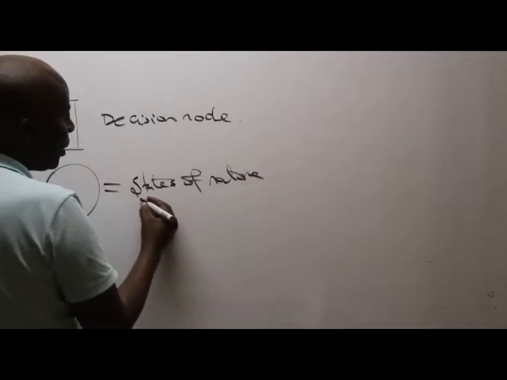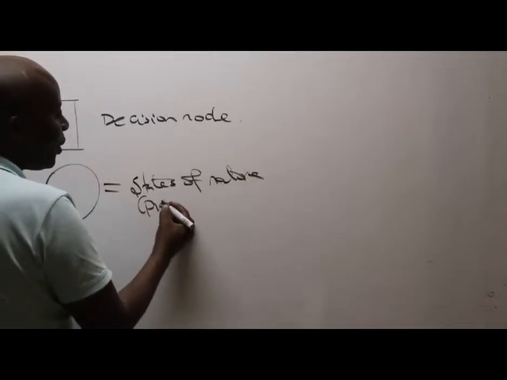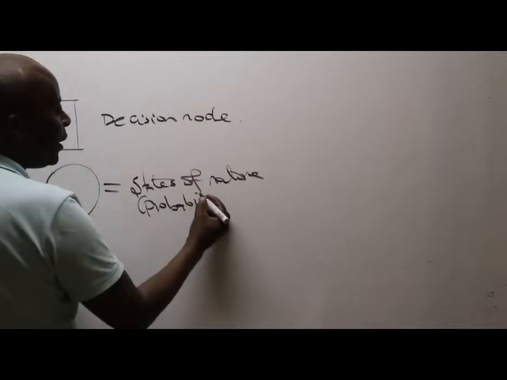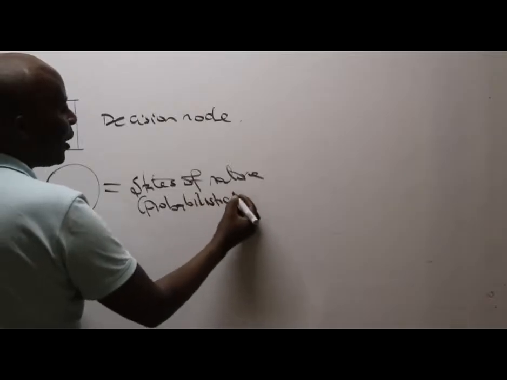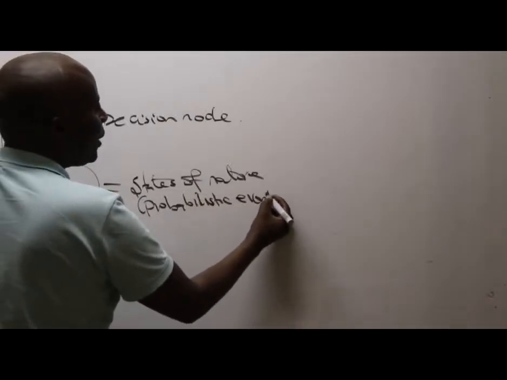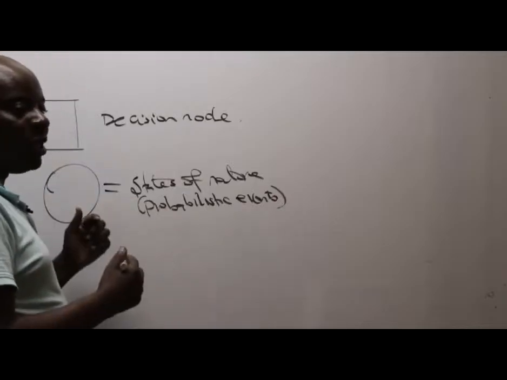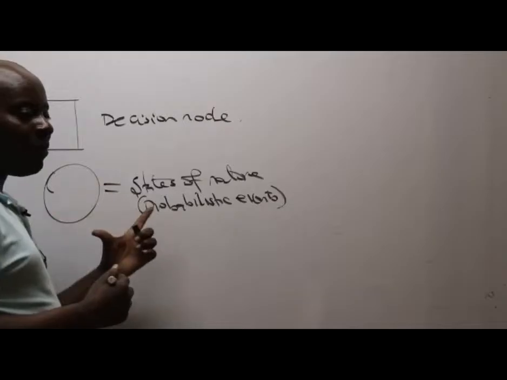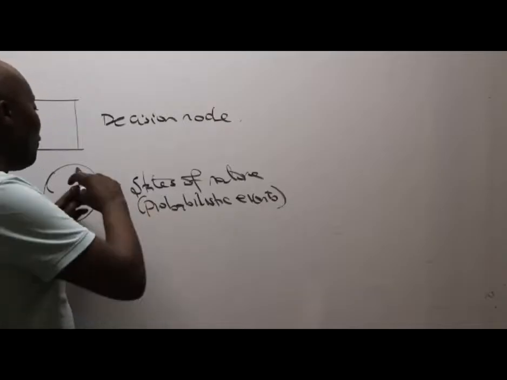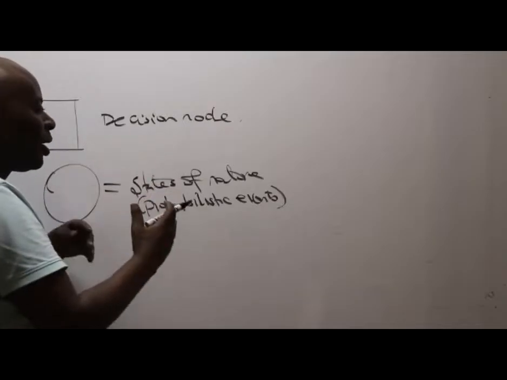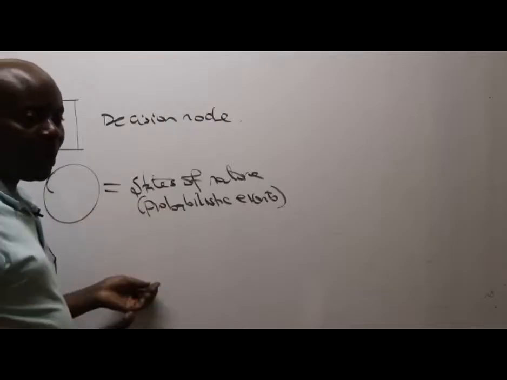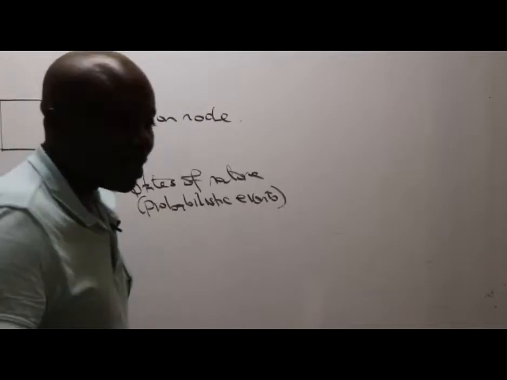The states of nature node is the one that carries the probabilistic events. All events which have probabilities will always be coming out of a circle, to signify what is slippery. Probabilistic events can go either way.